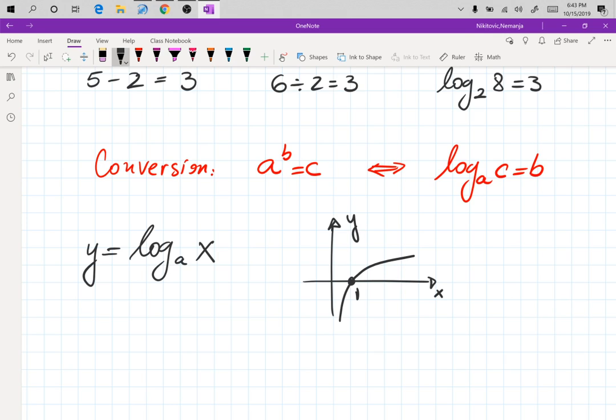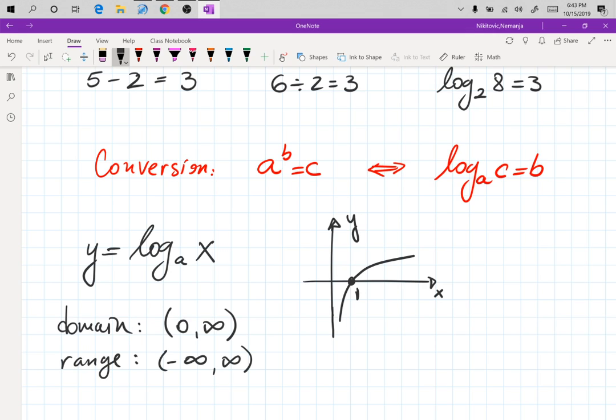So the specs for the log function are: domain, 0 to infinity, not including 0, because there is a vertical asymptote there. Range, all real numbers from negative infinity to positive infinity. It goes all the way down and all the way up in terms of y values.